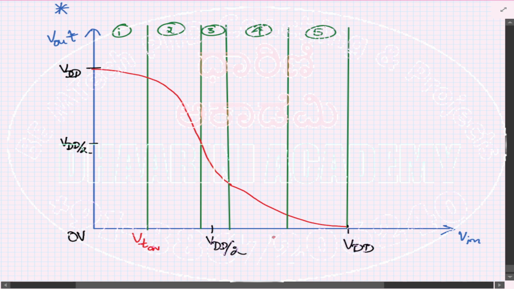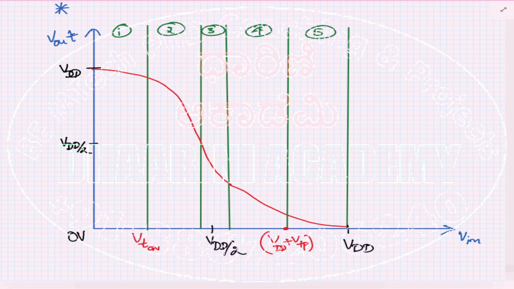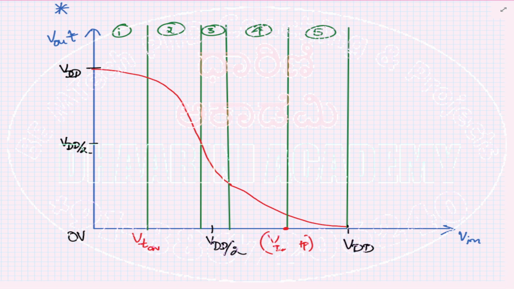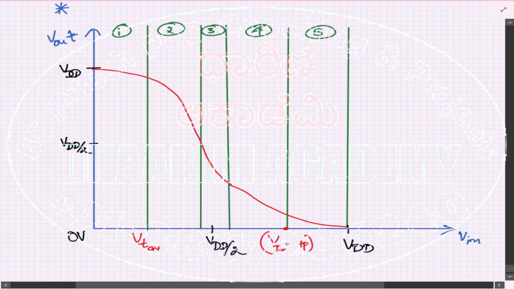Then this is what I'm going to call VDD plus VTP. That's this point. Right, VDD, it should be minus. Sorry, my mistake. Yes, when you write it this way, it's easy.